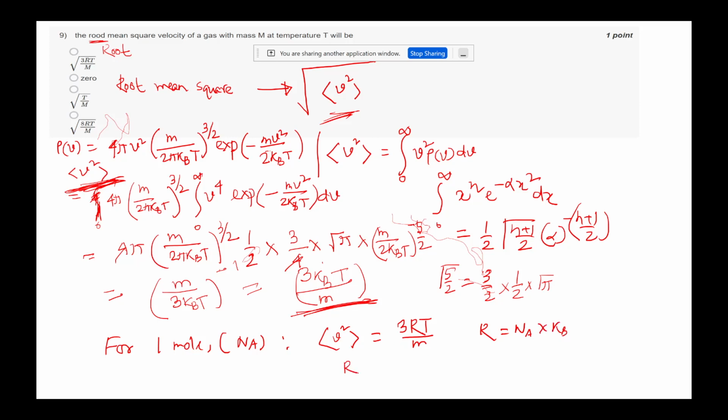So what will be RMS then? Let's say subscript VRMS, which is root over of v square. This will be root over of 3RT by M. So this is the option, right? First option.